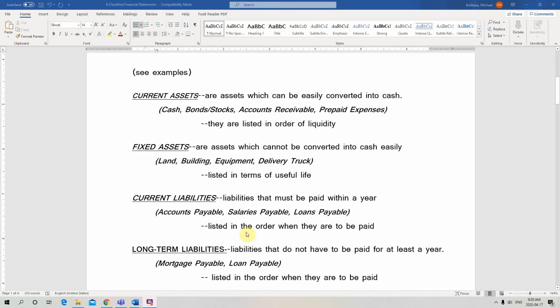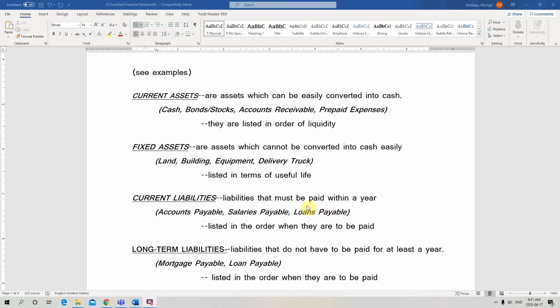Now, we've been listing them according to useful life anyway, so this is not a big issue. Now, as mentioned, current liabilities are liabilities that have to be paid within the year. So accounts payable, salaries, loans, they all fall under current liabilities. Long-term liabilities, okay, are liabilities that don't have to be paid for at least a year. Now, you'll notice that I've put loans in both categories.